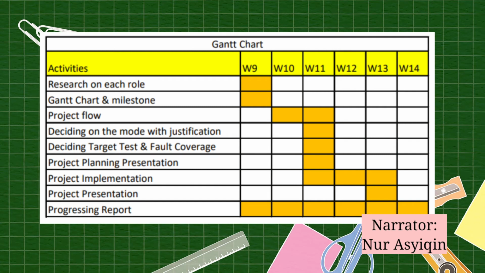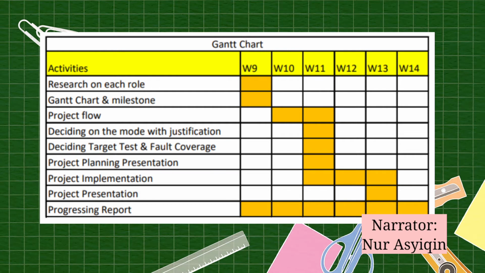Here is the project Gantt chart. In the early stage, research on each important role in this project has been made, followed by the Gantt chart and milestone completion. In week 10, the project flow has been in progress until week 11, followed by brainstorming among the group for the decision making of the suitable mode that is going to be used for this project.